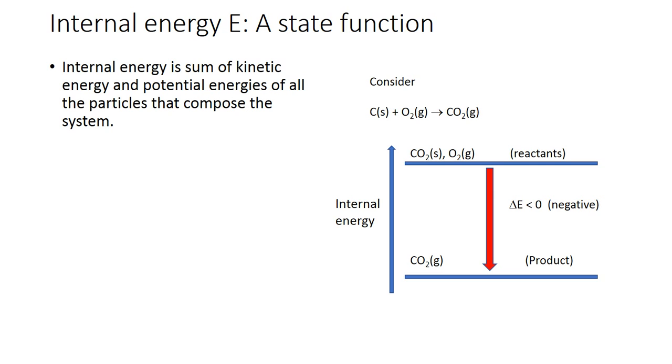So what you are measuring at that time is, the thermometer just gives you an idea of what the internal energy of the system at that time is. So the sum of the kinetic energy and the potential energies of the particles that compose the system are internal energy of the system.